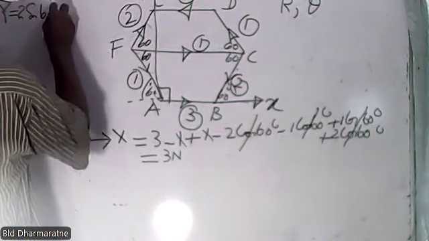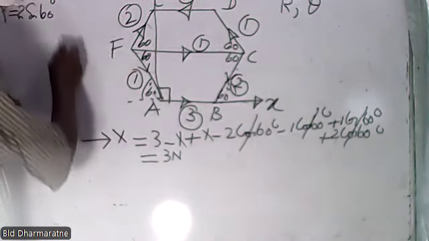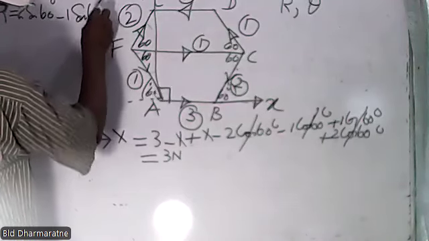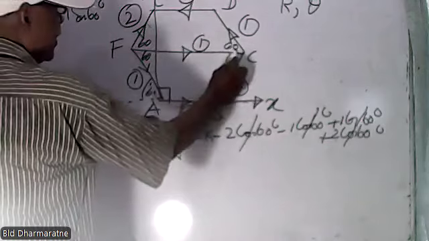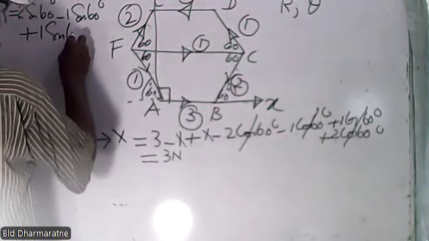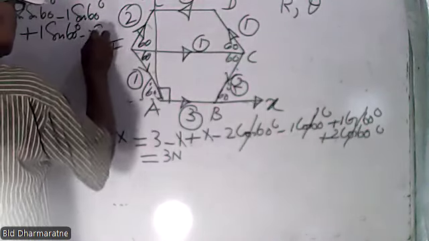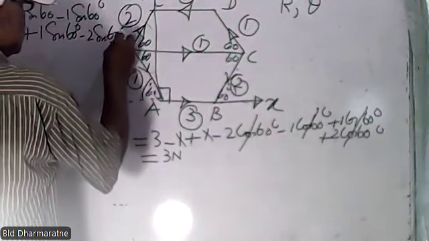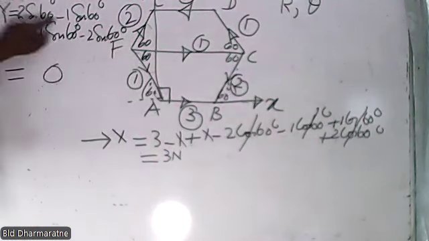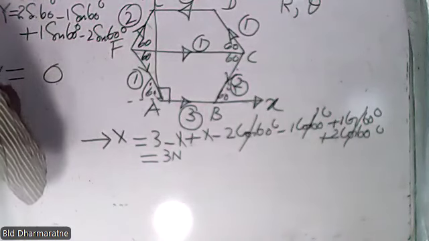Plus 1 sin 60, minus 1 sin 60, minus 1 sin 60, plus 1 sin 60, minus 2 sin 60, equals 0. Why? The 2 sin 60 terms cancel, the 1 sin 60 terms cancel. Y equals 0.